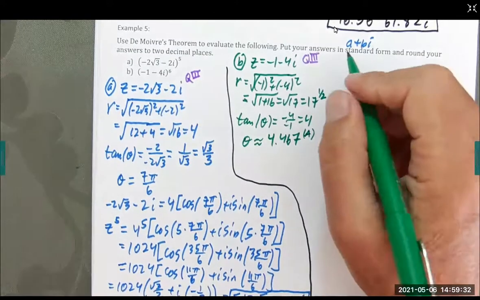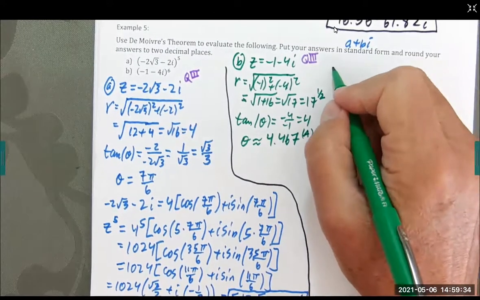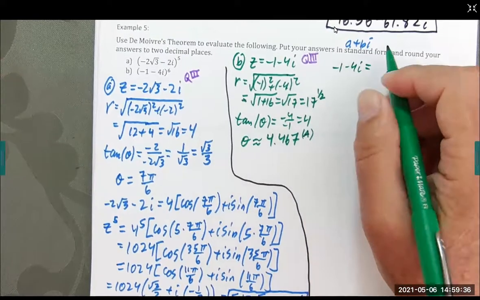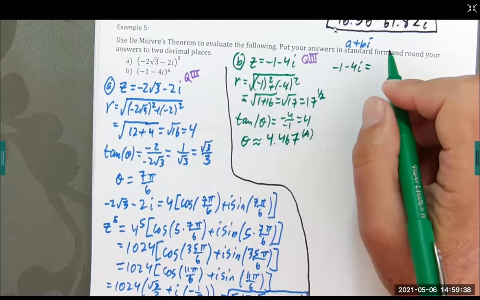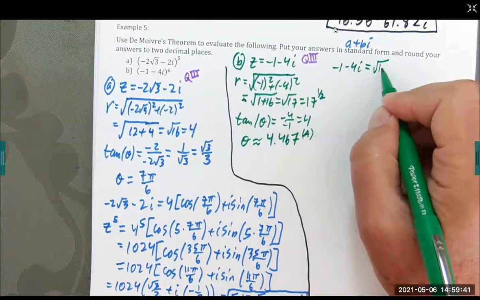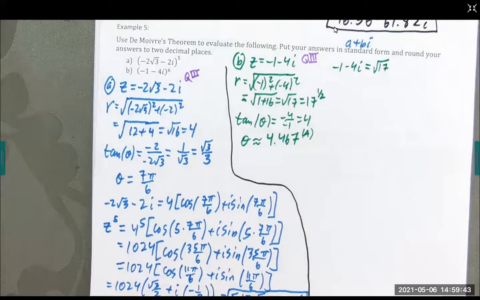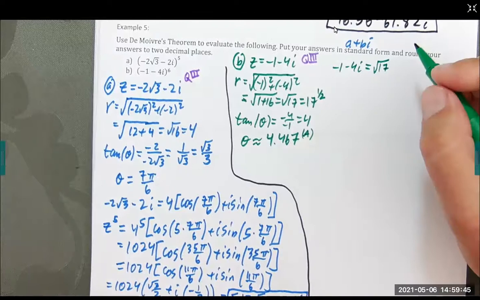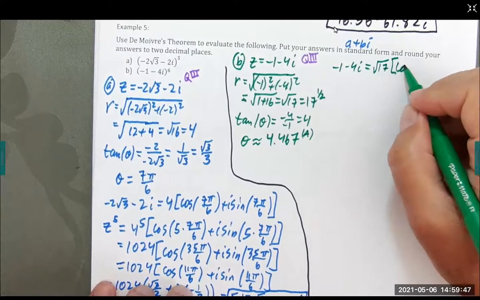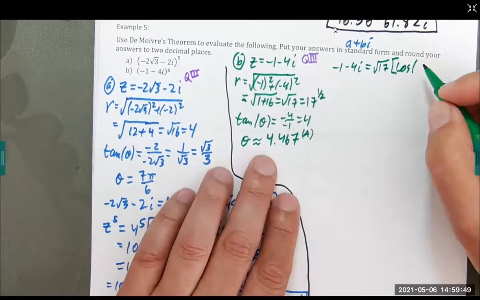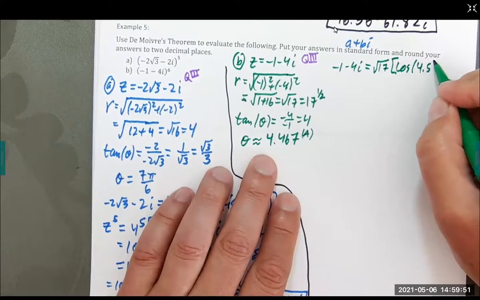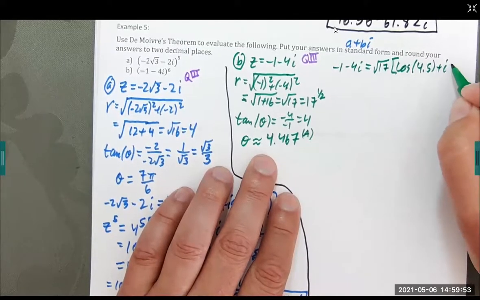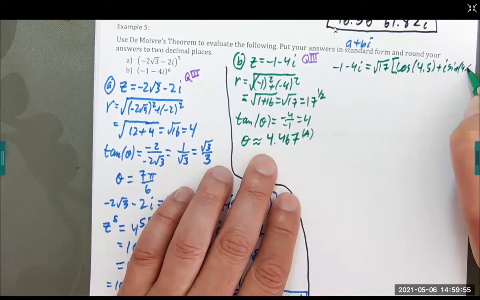So we now have that negative 1 minus 4i is root 17. I'll show you why I did the 1/2 here in just a second. Cosine, I'll say 4.5 plus i sine 4.5.